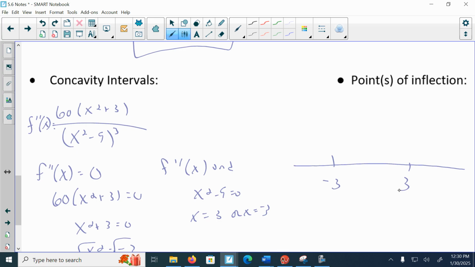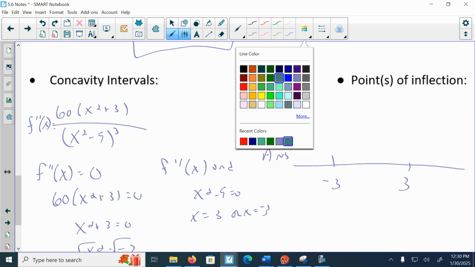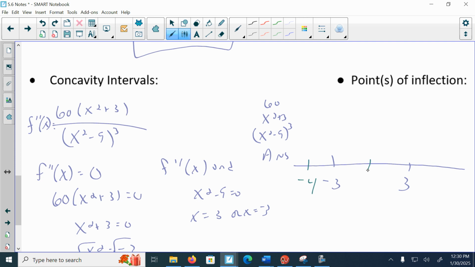My things that I'm multiplying are 60, which is also positive, right? x squared plus 3. And then this x squared minus 9, which is now raised to the third power. And then I want my answer. I'm going to pick numbers, so let's pick negative 4, let's pick 1, and let's pick 4.